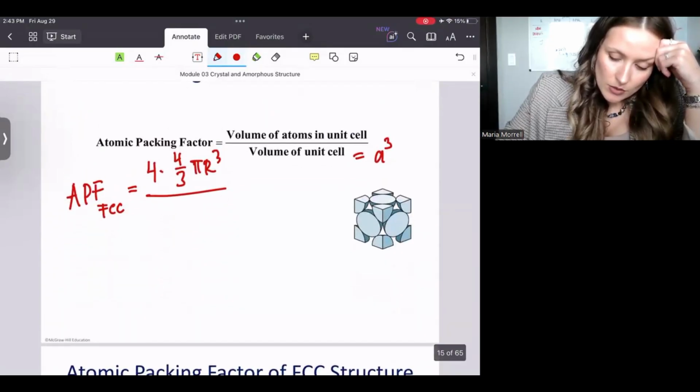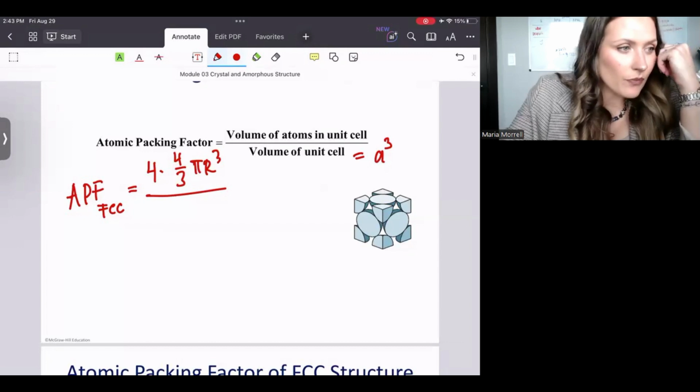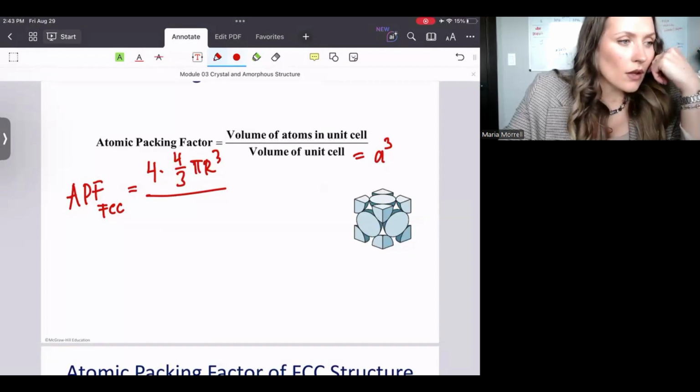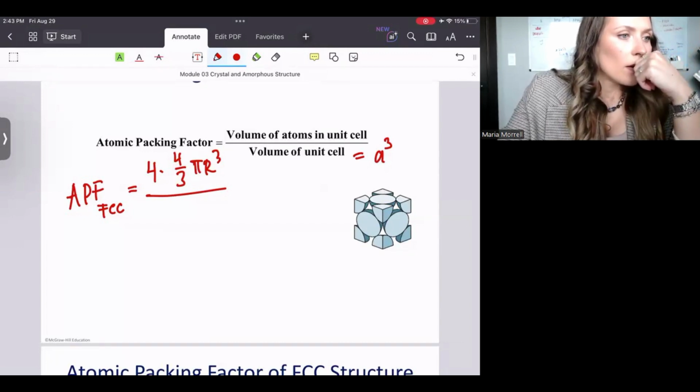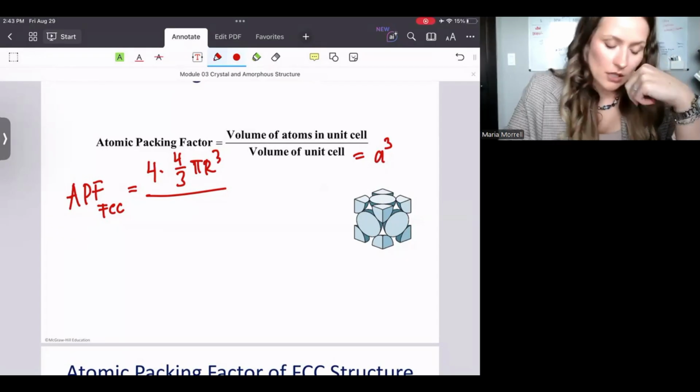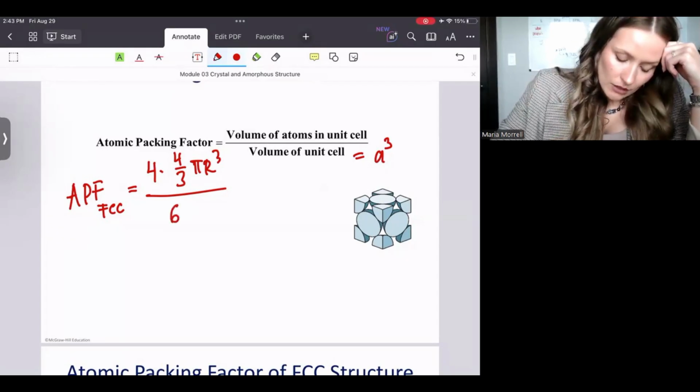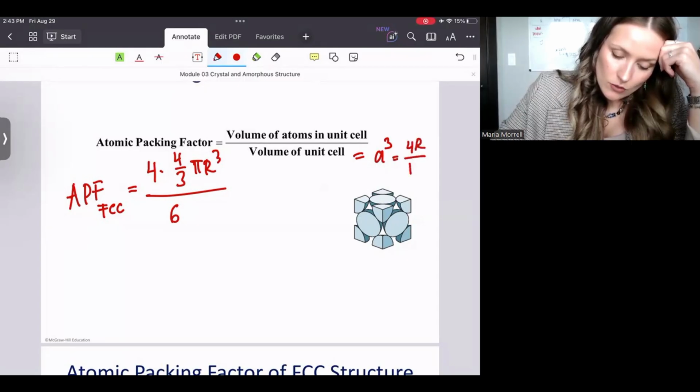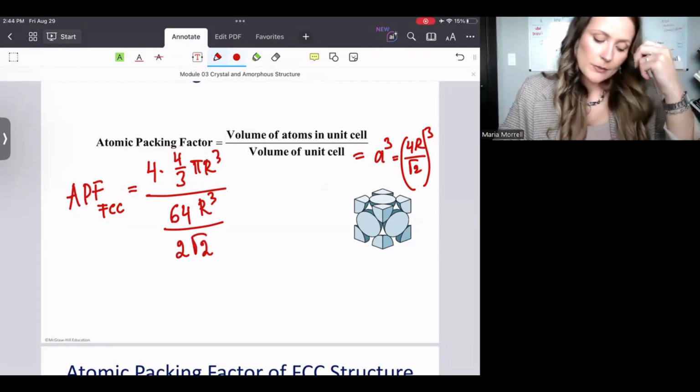So it's going to be 4 radius over the square root of 2, and all this to the power of 3. It's going to be 64 r cubed divided by 2 square root of 2.